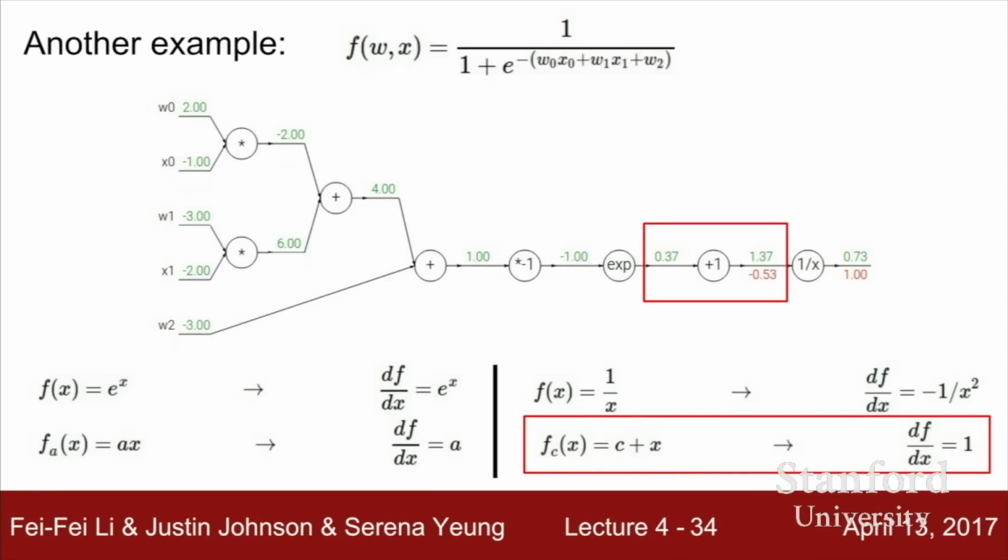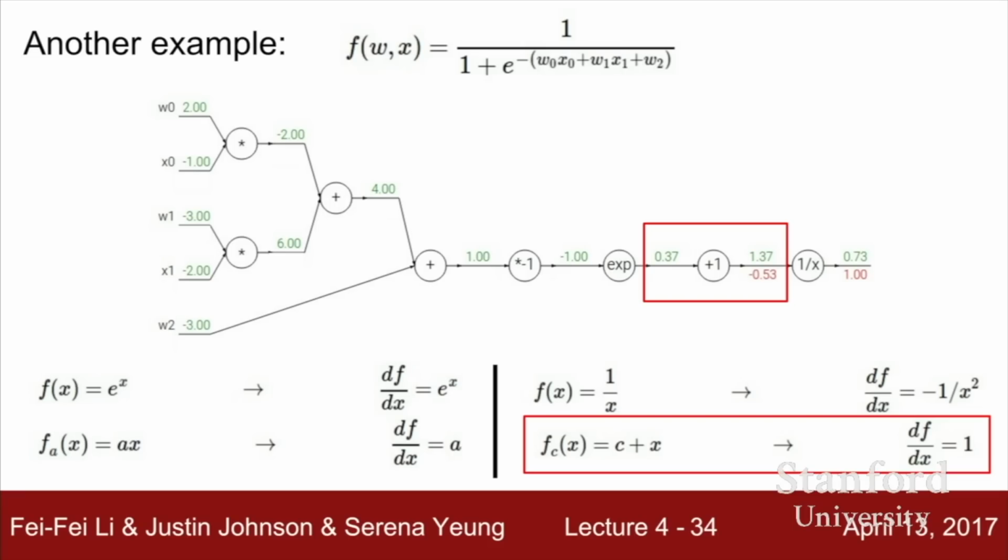Moving back to the next node, we go through the exact same process. Here, the gradient flowing from upstream is negative 0.53, and the node is a plus 1. Looking at our reference of derivatives at the bottom, for a constant plus x, the local gradient is just 1.